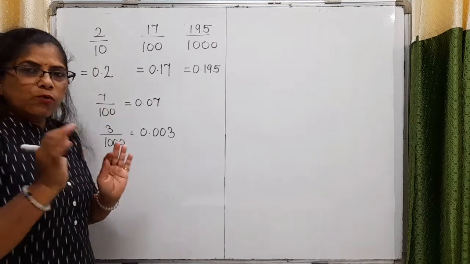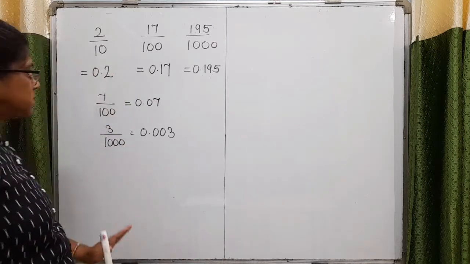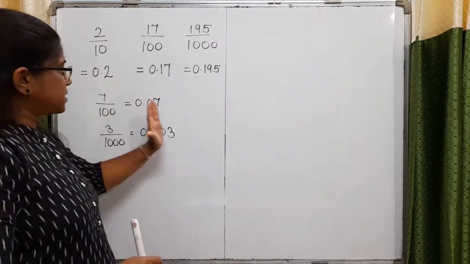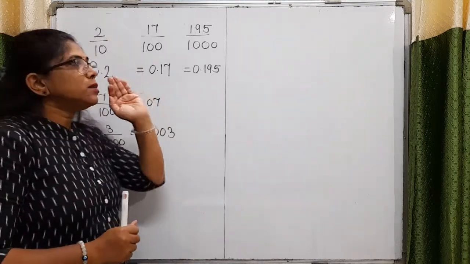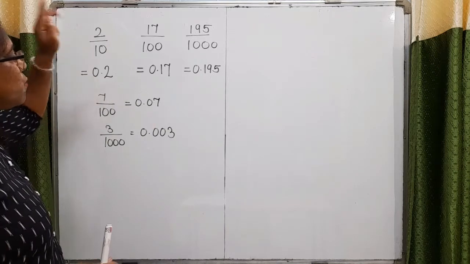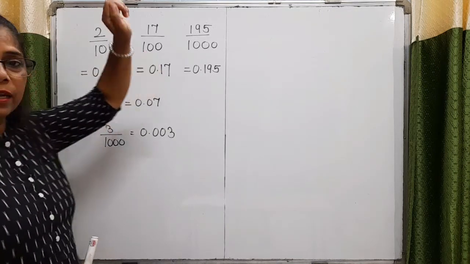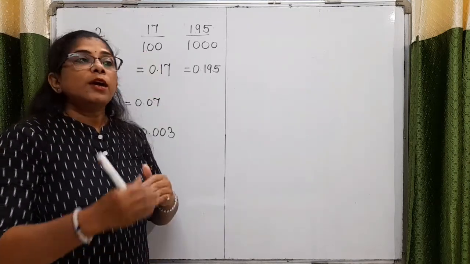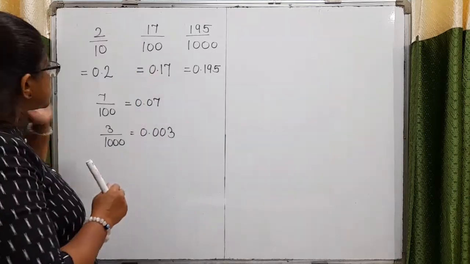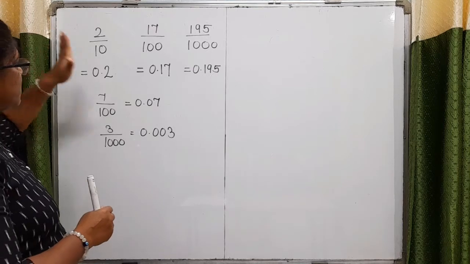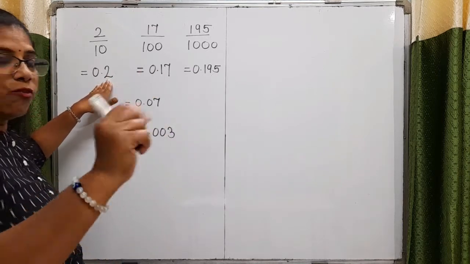Now I will explain the rule, how to write this in the decimal form. The simple rule you have to follow here is that the number of digits after the decimal point is equal to the number of zeros in the denominator. If it is 10, it has only 1 zero, so the number of digits after the decimal point will be only 1.